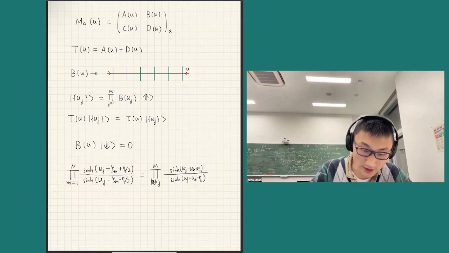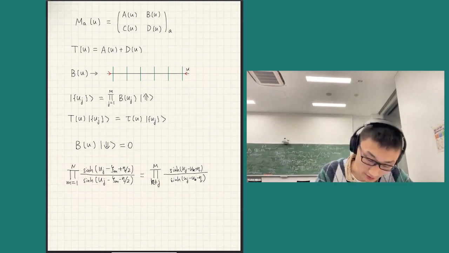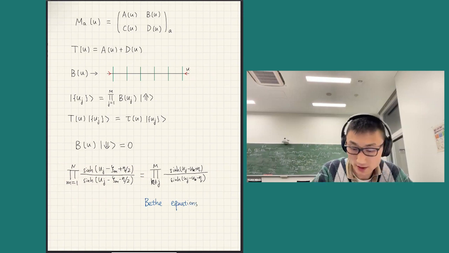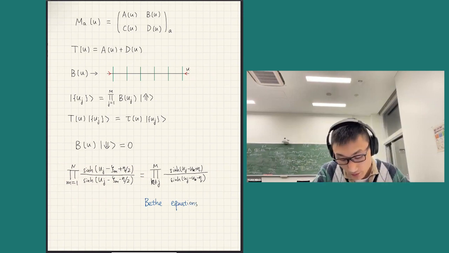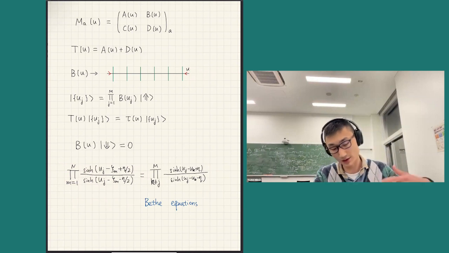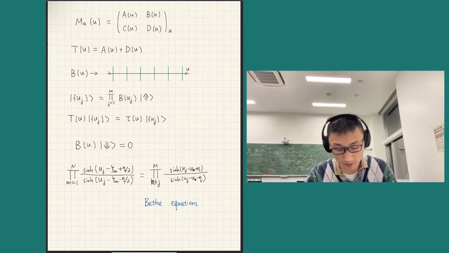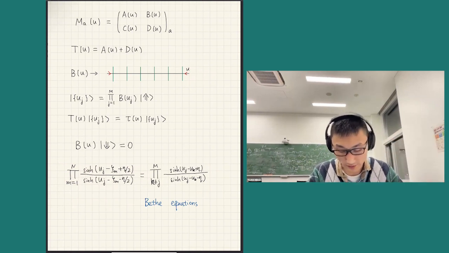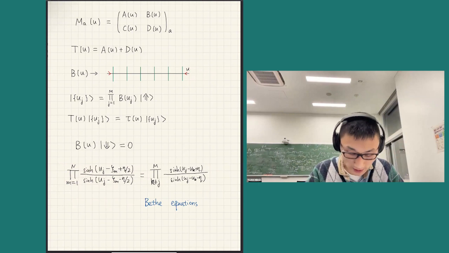And this is the famous Bethe equation. Bethe used it to solve essentially the Heisenberg XXX model in the 1930s, and Bethe equations are still very important even nowadays, even in the context of, let's say, gauge theory or whatever.